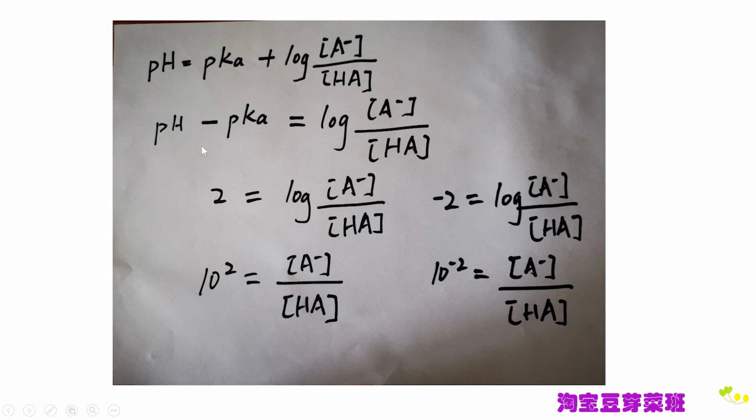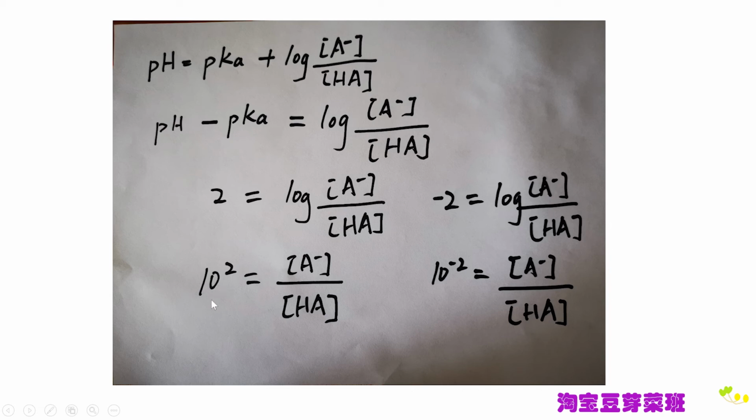First, pH minus pKa, we plug in 2. The 2 equals the log of the concentration of the ionized form of the weak acid divided by the concentration of the unionized form of the weak acid.